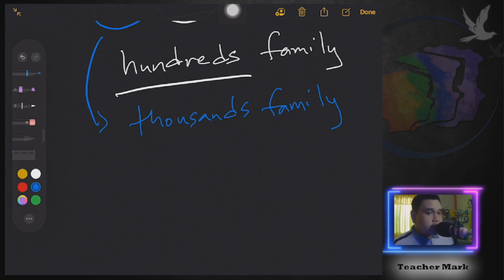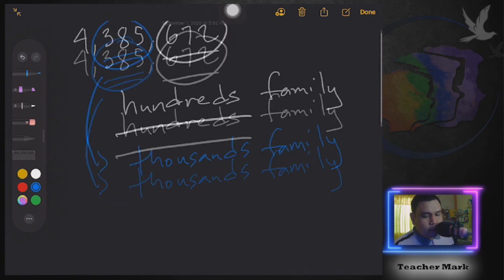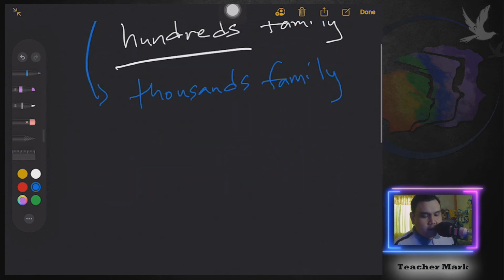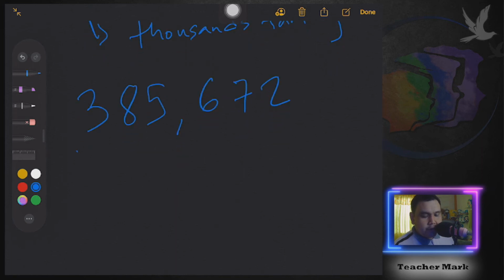Why is this called the thousands family? Because however you read the number, if you are just going to take 385 away, so that's 385, and let's copy the 672 there, 672. So if you're going to read this number, assuming that 672 is not there, how would you read this number?